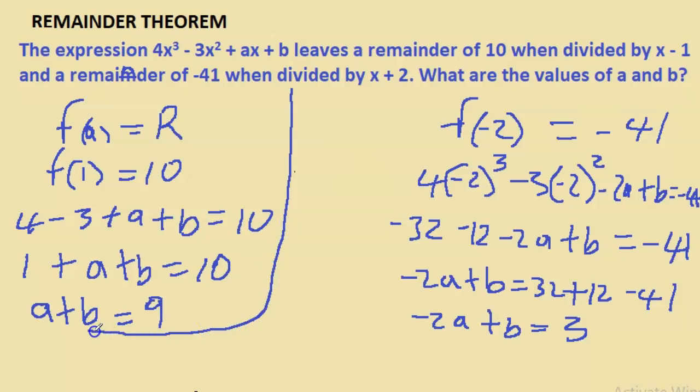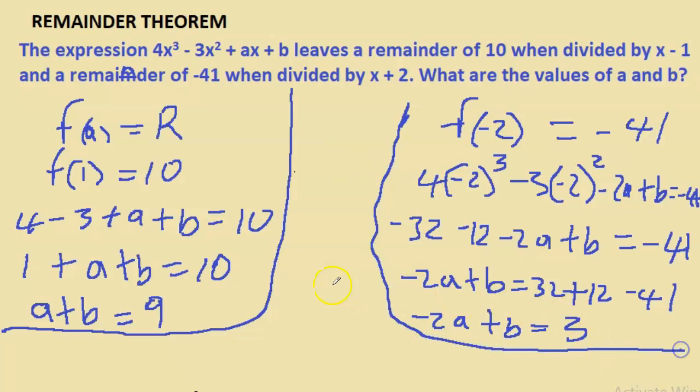Let's separate that. So the equations we have are a plus b equal to 9, and minus 2a plus b equal to 3.